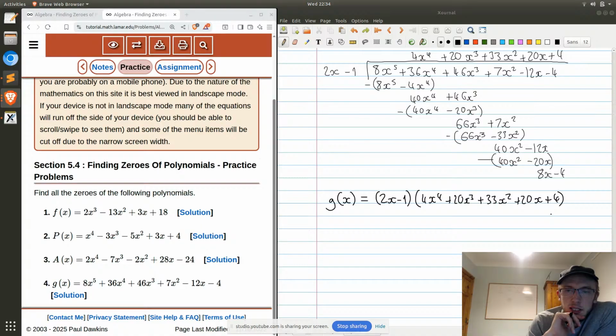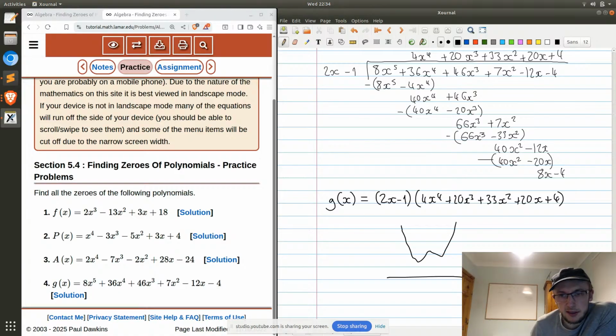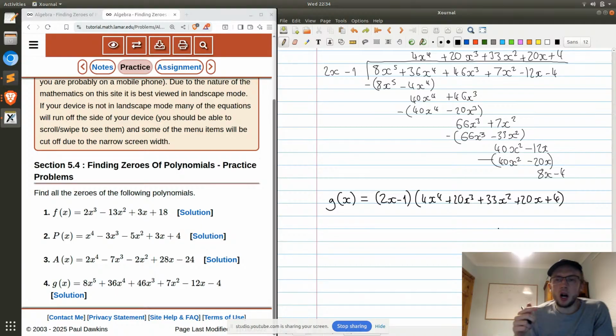What if it has no factors? It's possible, because it's a quartic, and therefore it could be floating above the x-axis like that. Oh no, you fool!